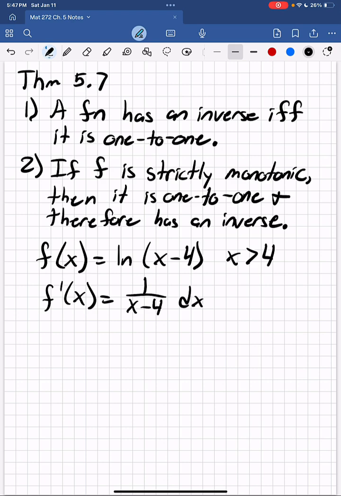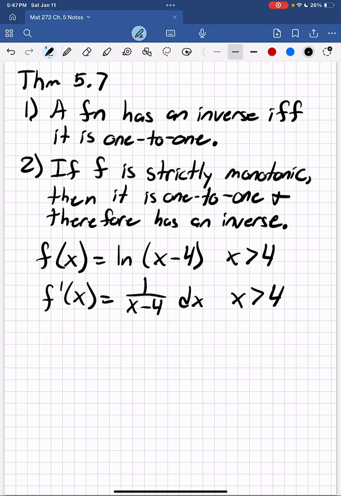Since I am restricting x to be greater than 4, is there ever a place where this would be 0, because then that would mean the slope was 0? That can't ever happen. And is there a place where the slope ever goes from positive to negative? No, because x is always going to be larger than 4.